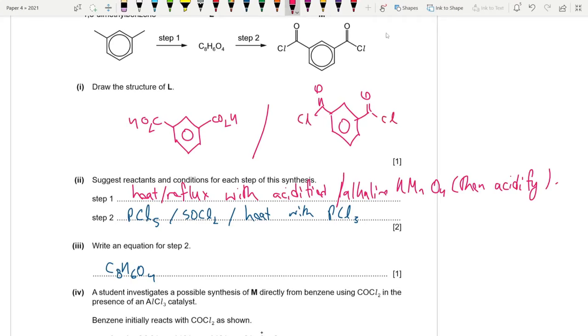So we're going to lose two OHs, or O2H2, from here. If we react it with PCl5, for each carboxylic acid group we're going to need one PCl5. We are going to get C8H4O2Cl2 plus 2 POCl3 and 2 HCl.